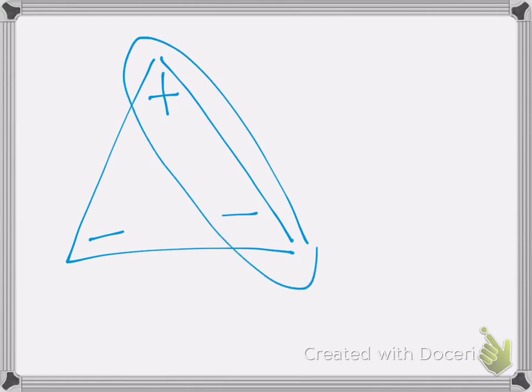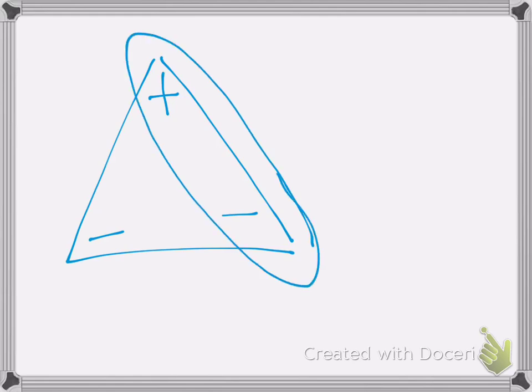A positive times a negative is a negative. Okay, we already know what a positive times a positive is because we've been doing that as long as you've been in school. So just know that your rule is if you have the different signs, or a positive and a negative, your answer will end up being a negative when you're multiplying and dividing. This is only for multiplying and dividing. Don't get it confused with your adding and subtracting stuff, okay?